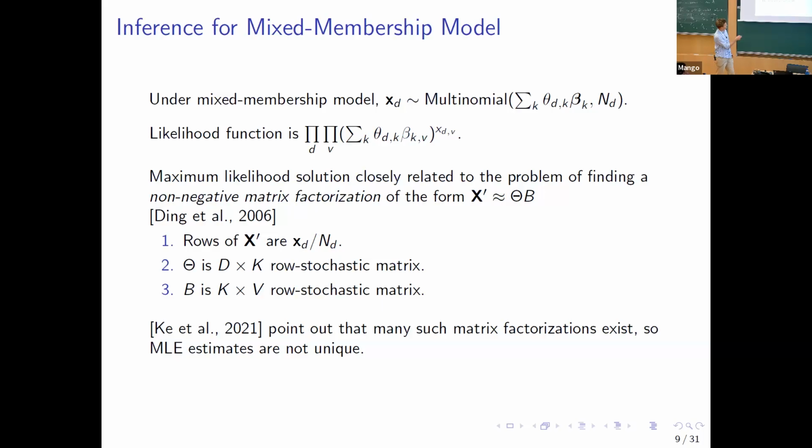There's going to be a set of convex weights at the document level, and I'm going to combine these k different multinomial distributions over the vocabulary to get my document-specific probability vector from which my high-dimensional term counts were drawn. Okay, so the goal here is to estimate these thetas, because these thetas are what I use for heterogeneity now. The role of the xd's in this model is only to inform estimation of the thetas. We're not going to use the xd's anymore to measure document heterogeneity. We're going to use these estimated thetas.